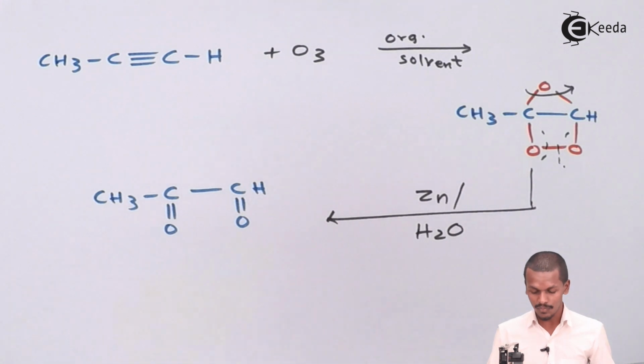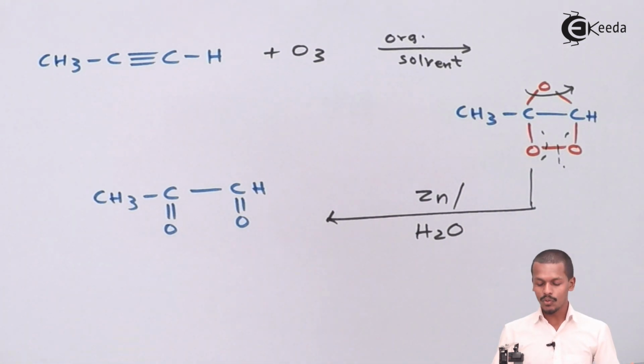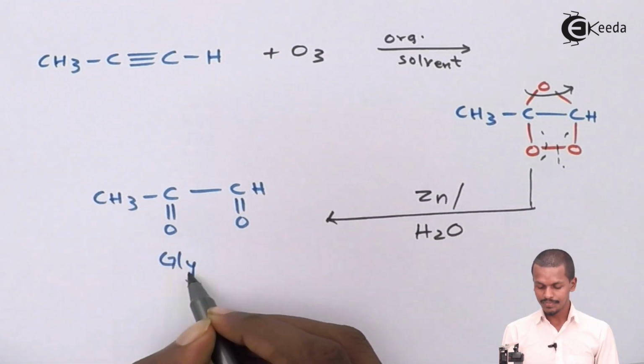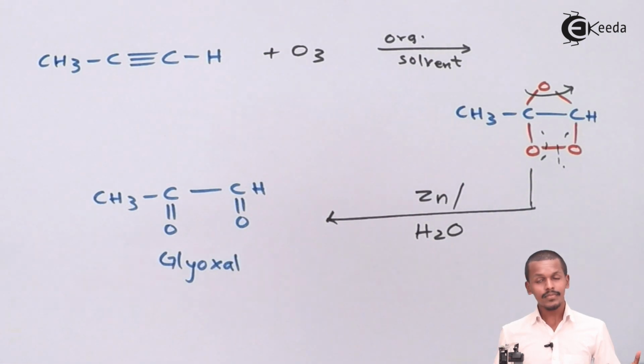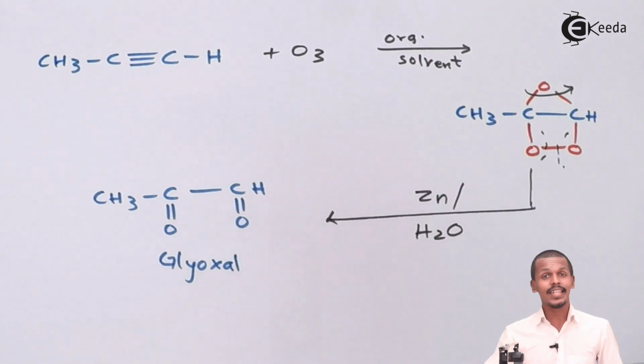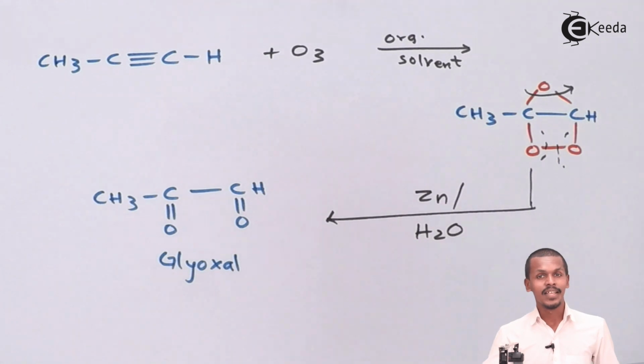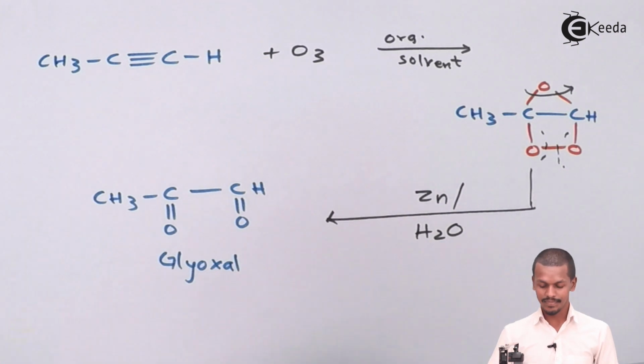Even this is the product that we could form. So these are the products that we could form, basically a glyoxal. So this is nothing but the ozonolysis process. So now let us move on to another kind of reaction, that is polymerization.